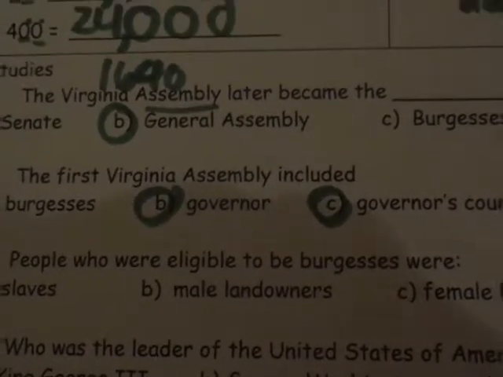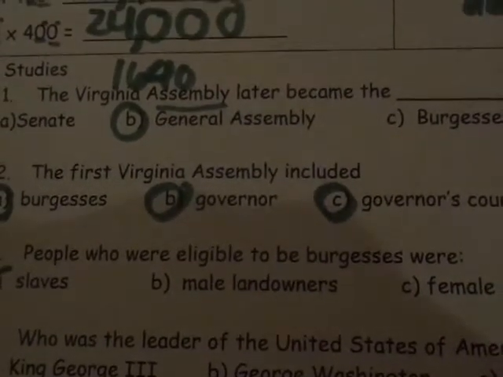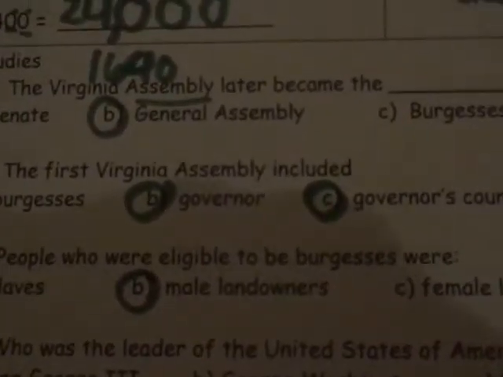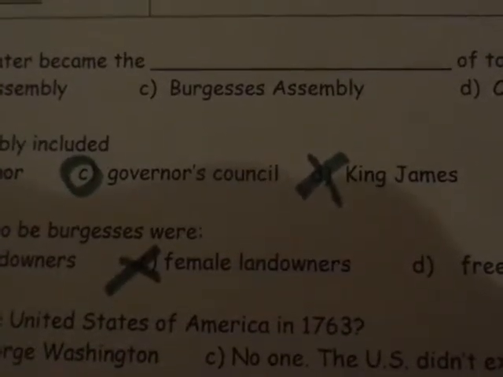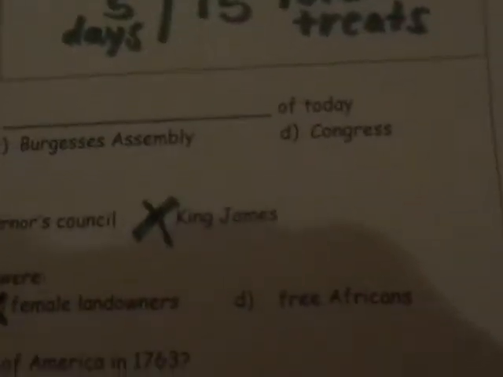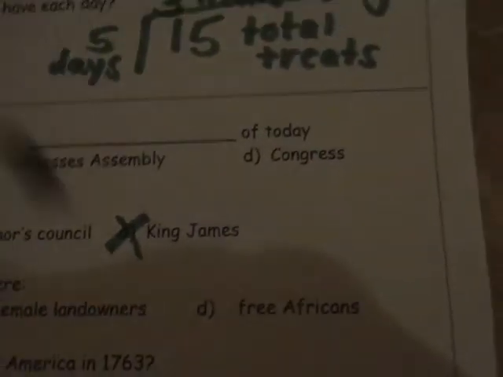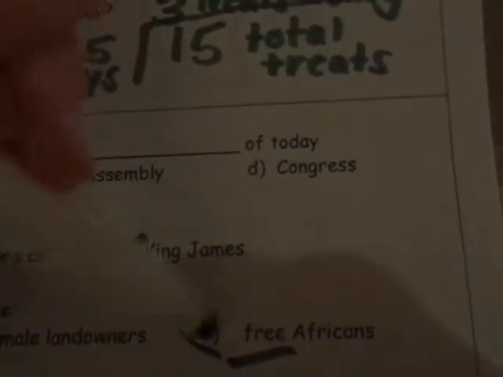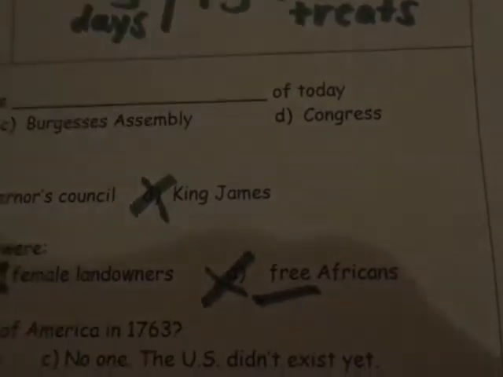B, male landowners? Yeah, they were kind of important, and not just any male landowners, but mostly white male landowners. C, female landowners? No, didn't have many rights back then for the females either. D, free Africans. Although they were free, they still didn't have their basic rights.